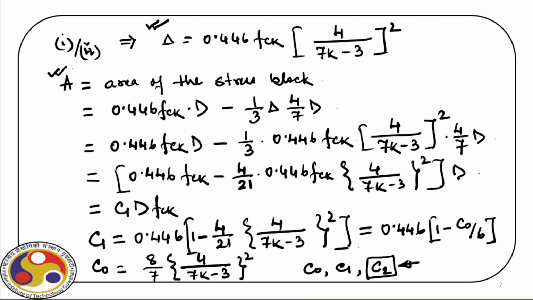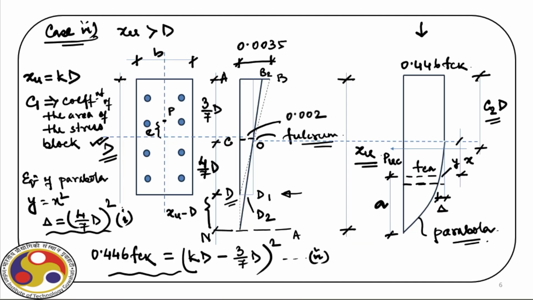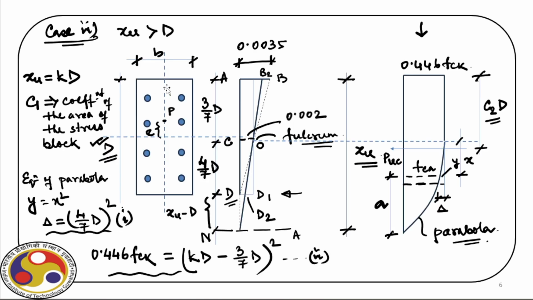So for that, what we do, we actually take the moment. So if you have this stress block, we take the moment about extreme fiber in compression. So that is the location. So here, and if we do that, we have this entire stress block. So PUC times actually C2D is the moment.